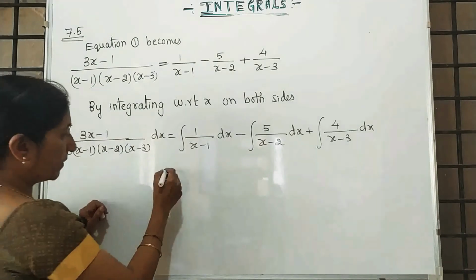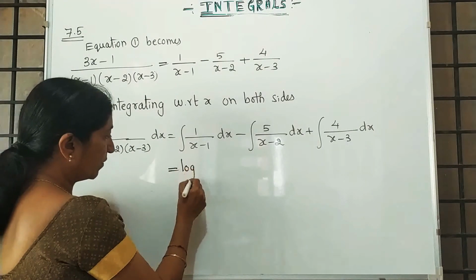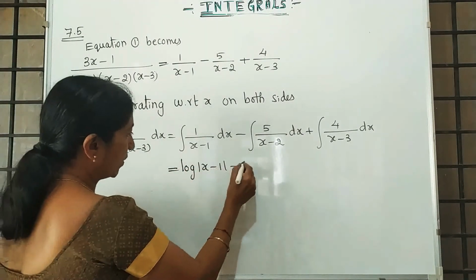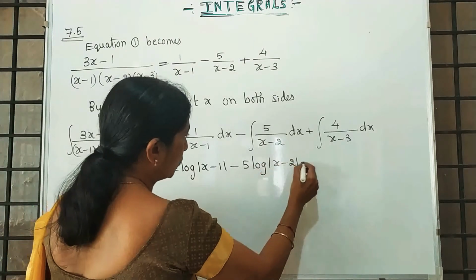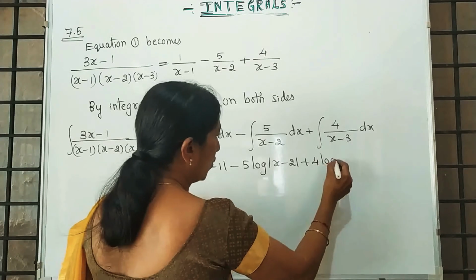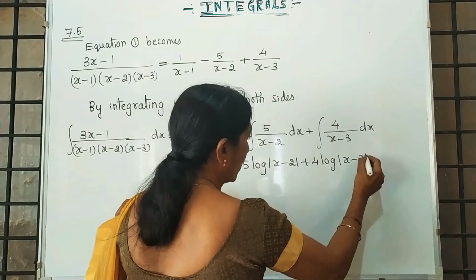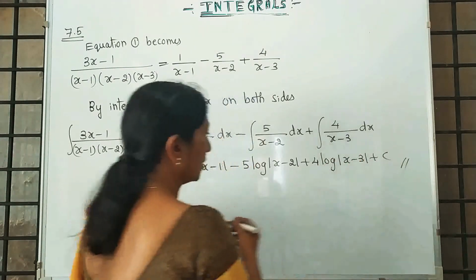So this will be log of (x minus 1) minus 5 log of (x minus 2) plus 4 log of (x minus 3) plus C.